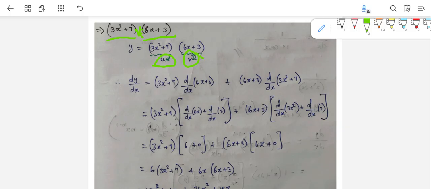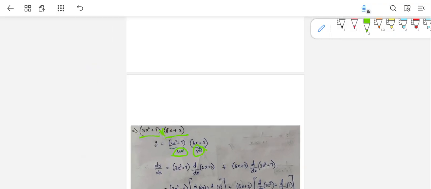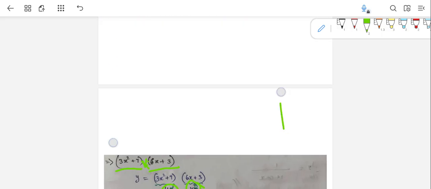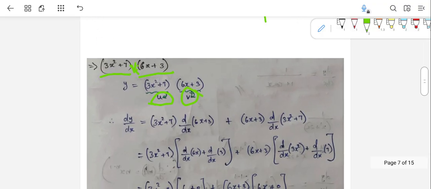That's it, guys. So dy by dx, what is the formula? u v dash plus v u dash. Even if you write like this also, it's fine. Nothing wrong. So u value as it is, you keep 3x square plus 7, u v dash.